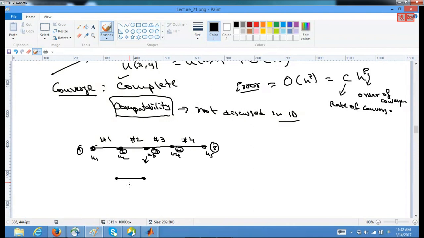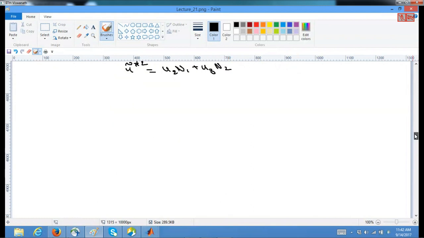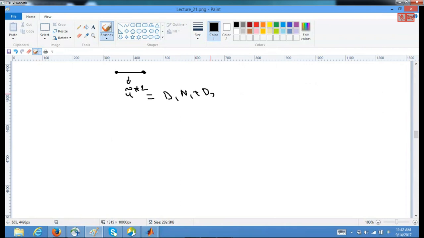But we know that when we are solving the finite element, for element 2 the u approximation is given as u2 n1 plus u3 n2. Let me rewrite it: for the element, it is degree of freedom 1 n1 plus d2 n2. But what is the degree of freedom at this node?